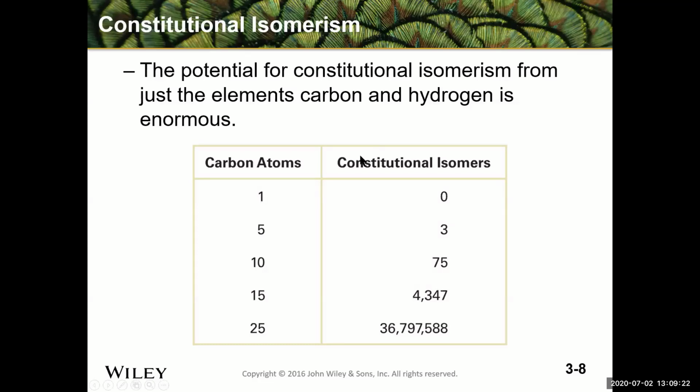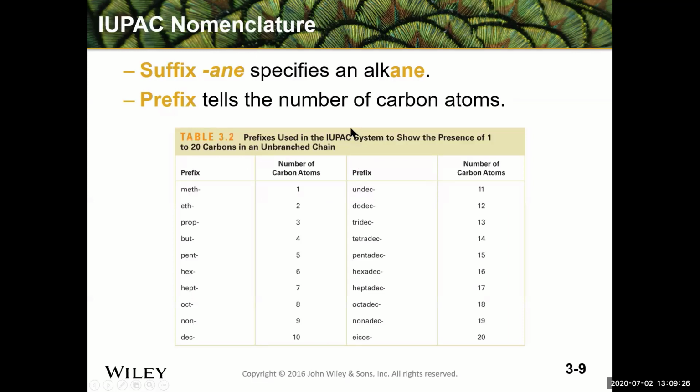Okay, so we talked about constitutional isomerism. Now what I want to talk about is naming alkanes. There's a standard way of naming, since there are many different possibilities for constitutional isomerism.